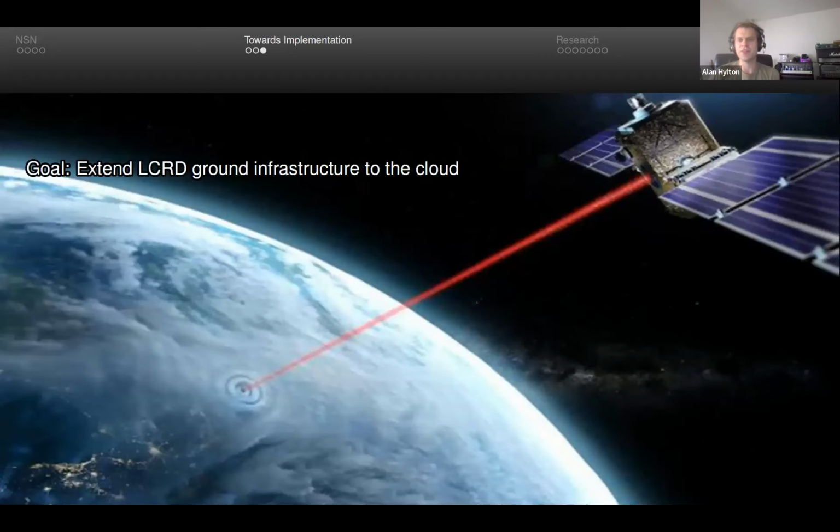There are other sides of it as well, which are more programmatic. I love this picture just to show how much lasers love clouds. But the LCRD ground infrastructure, and also just the NSN infrastructure in general, is becoming more and more cloud-based all the time.